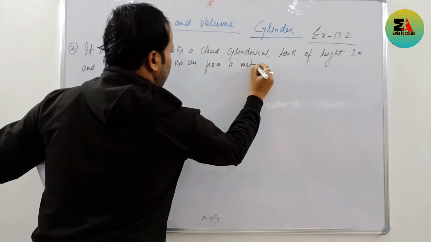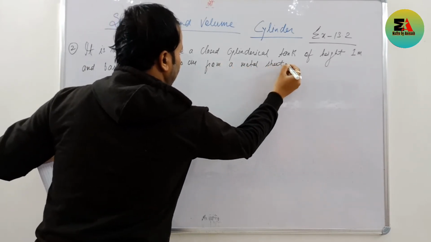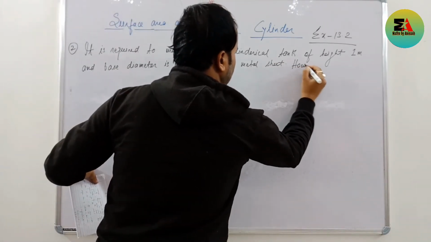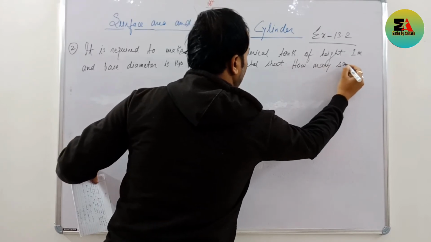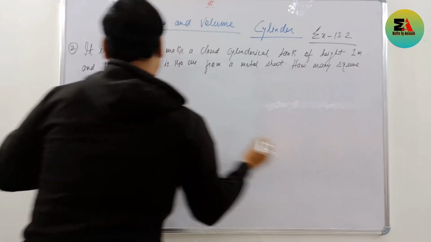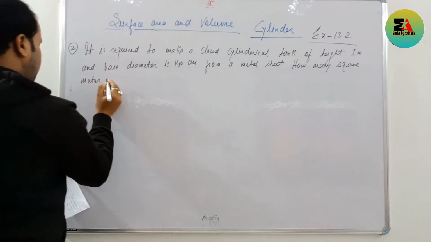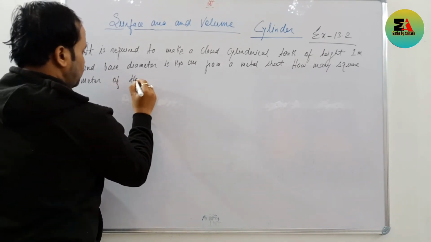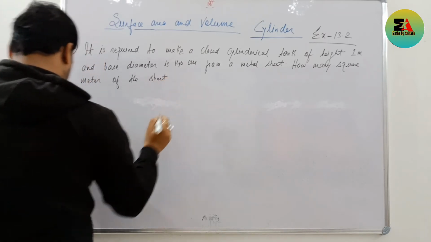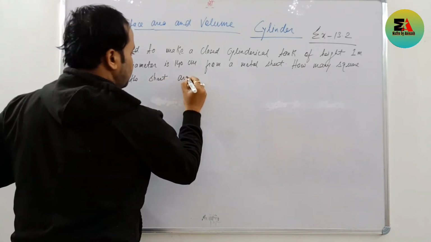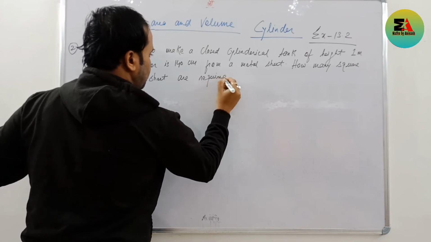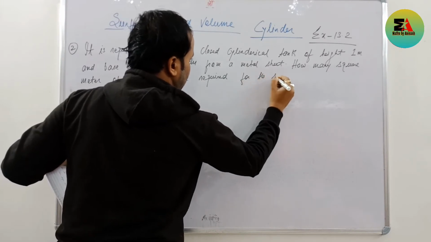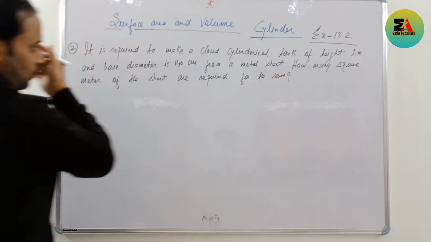Then how many square meters of the sheet are required for the same? This is the question.